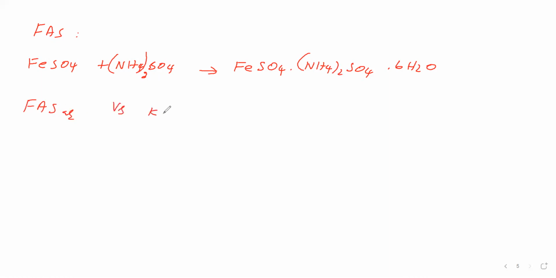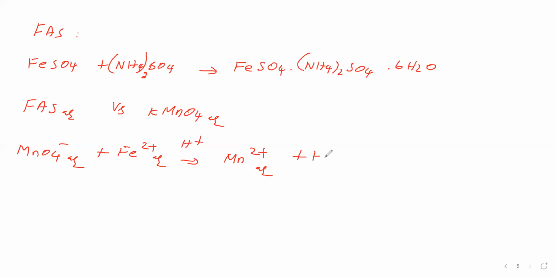What reaction takes place? From the burette we add permanganate. In the conical flask, ferrous Fe2+ is there. Permanganate is converting into Mn2+ in the acidic medium H+, and ferrous is converting into ferric. This is the permanganometric titration.